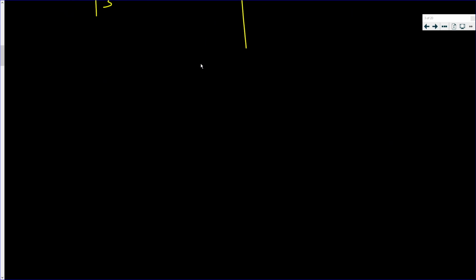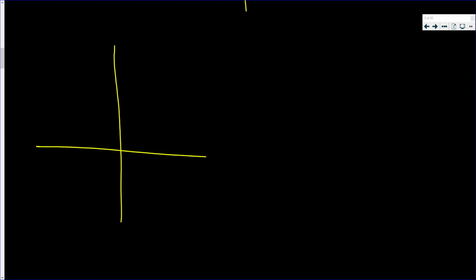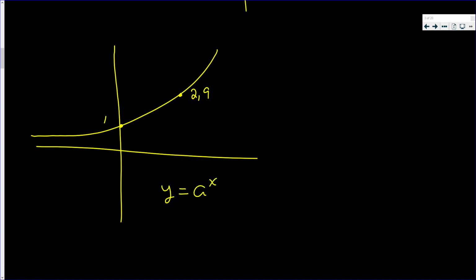What if you were given the following? You're told that the graph goes like this, and it crosses at 0, 1, and it crosses at 2, 9. And you know that y equals a to the x.